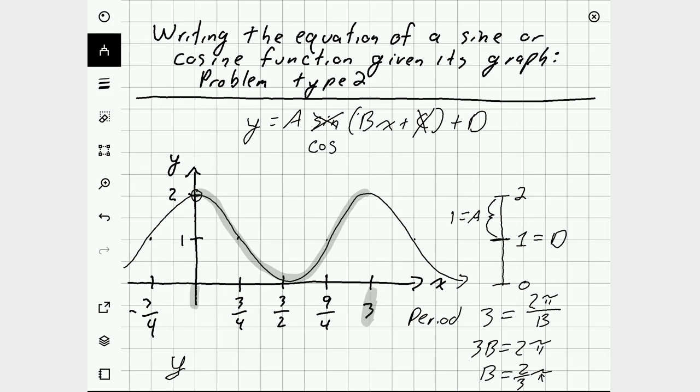So y equals a, which is 1, times the cosine of b, which is 2 pi over 3 times x, plus c, which is 0, plus d, which is 1. The equation of this particular graph is y equals the cosine of 2 pi over 3 x plus 1.